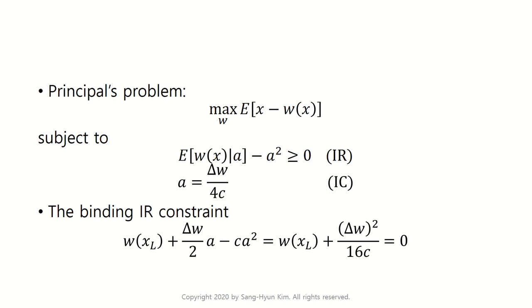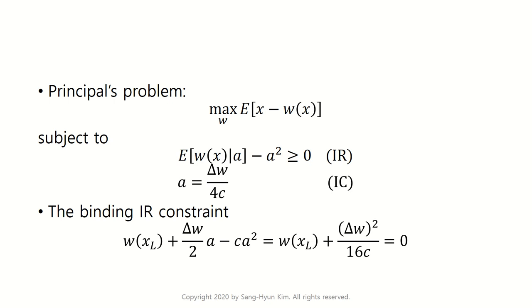You can check by going back to the previous slide. So this is the expected utility of the agent, and it can be rewritten like WL plus delta W squared over 16C by plugging this delta W over 4C into A, right?